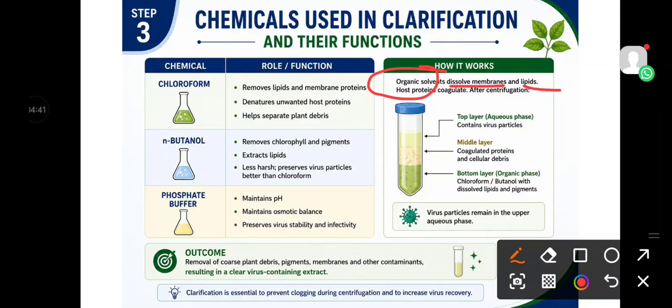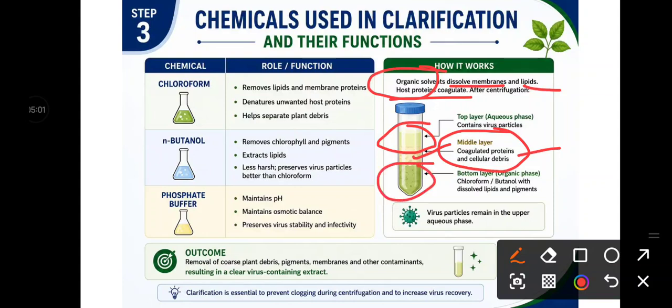Then the host protein will coagulate, and when it is subjected to low speed centrifugation, we get the clear virus containing extract on the top layer. In the middle layer there will be the coagulated protein or cellular debris, and at the bottom the organic phase, the organic solvent we have used, with some lipids or pigments. Three phases we will find, and we take the supernatant, the top layer containing the virus particles.